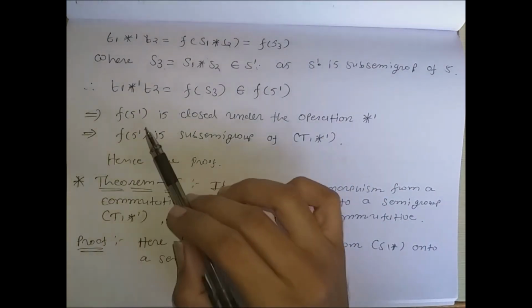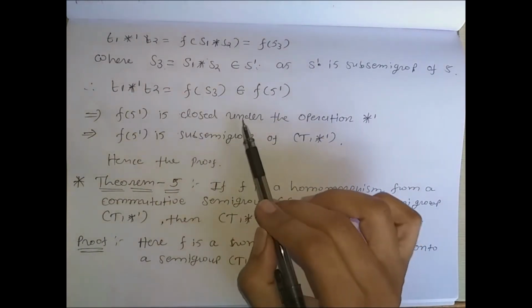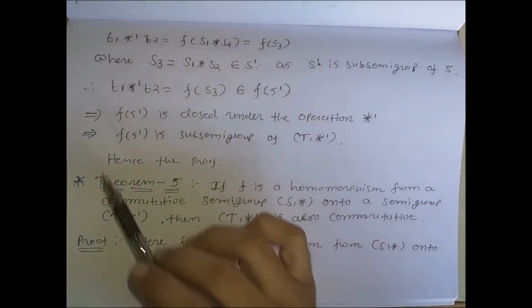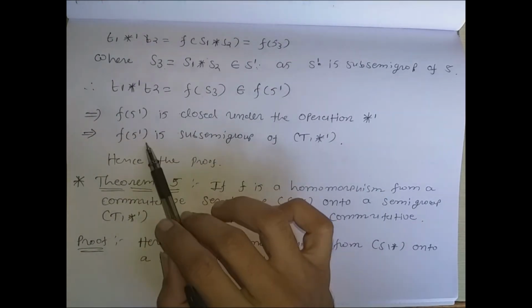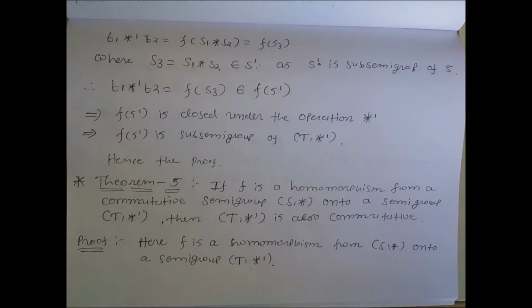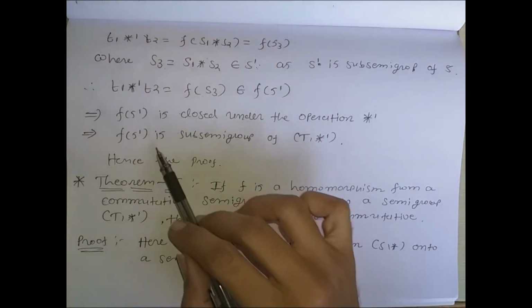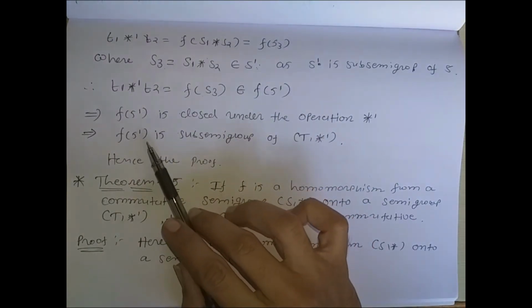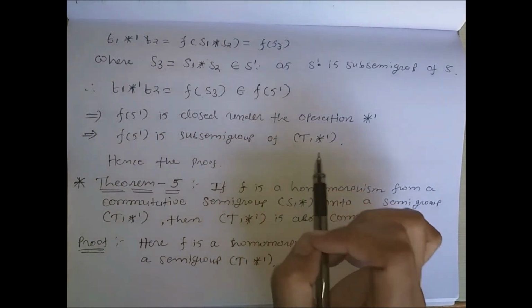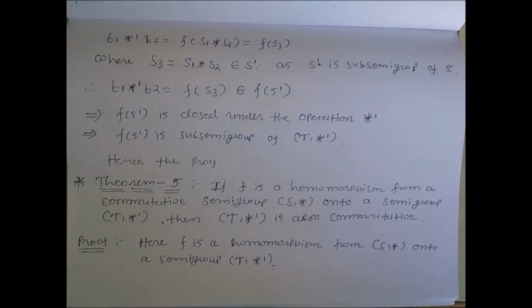This implies that f of S dash is closed under the operation star dash. Also, this implies that f of S dash is a subsemigroup of T star dash. So our aim is done. What we wanted to show is that f of S dash is a subsemigroup of T star dash. So we are done.